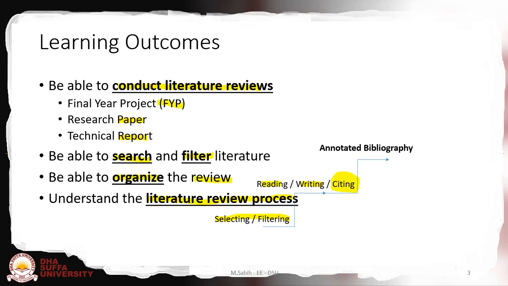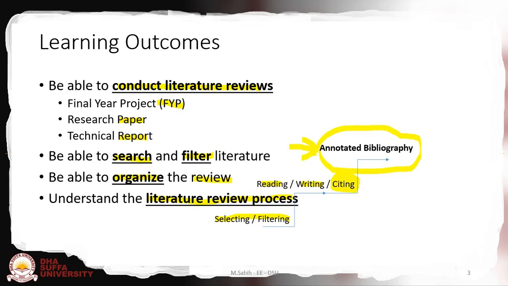This will end with a very important step, which is the annotated bibliography. This is a very important step, and if anyone skips this annotated bibliography step while writing a literature review, it is difficult to end up with a very good literature review.